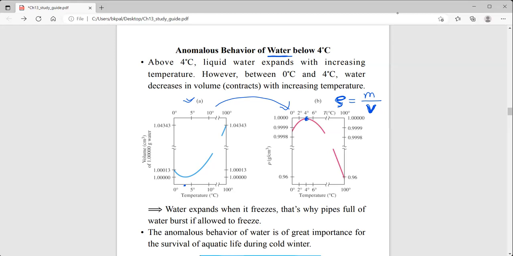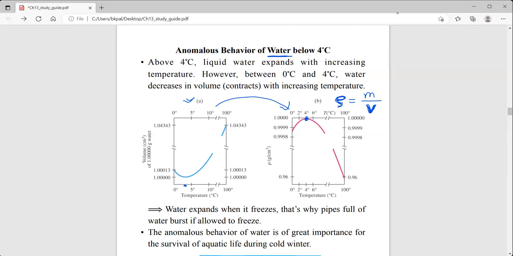And this is basically important for underwater life. Fish and all other aquatic life can survive because of this exceptional behavior of water. You know that during winter, when the lake or the river freezes, because of this property, the density is higher at 4 degrees Celsius.